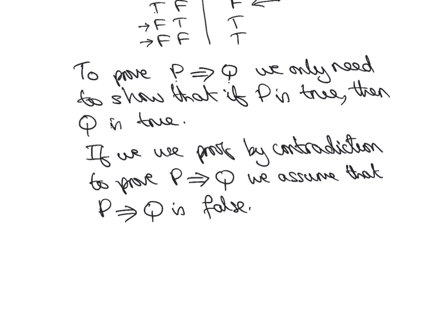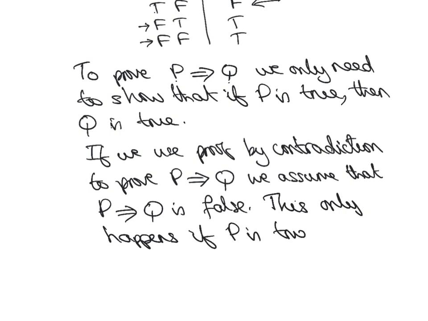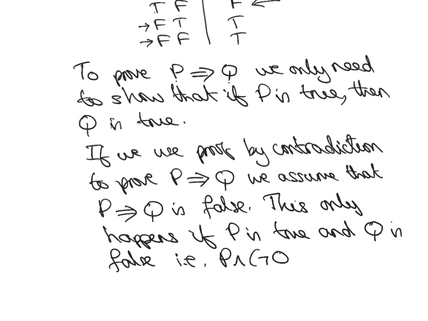So this only happens in one particular case, if P is true and Q is false. Another way of saying that is the statement P and not Q is true.